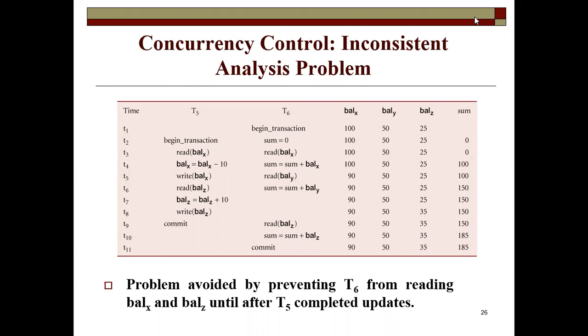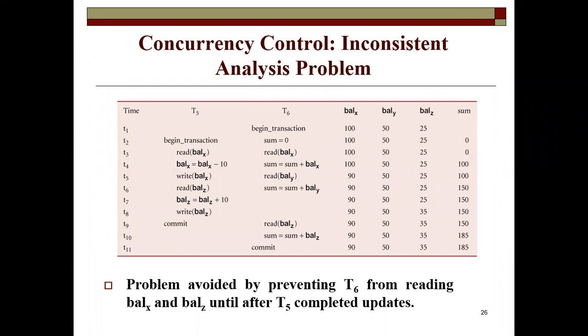We have not made any deductions or increments on the balances in X, Y, and Z. Then at time T3, T5 is reading the balance of X, and T6 is also reading the balance of X. The balance of X is 100, but the sum is still 0.